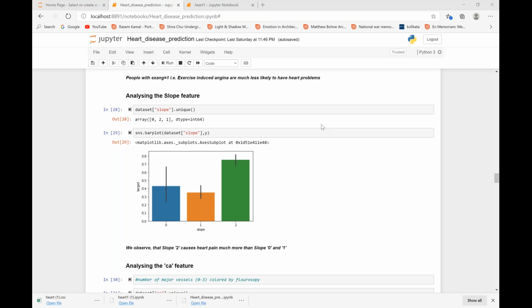The slope feature, though it is not one of the major features, we can observe that the people who have the slope feature as 2 are much more likely to have heart disease than people with slope 0 or slope 1.